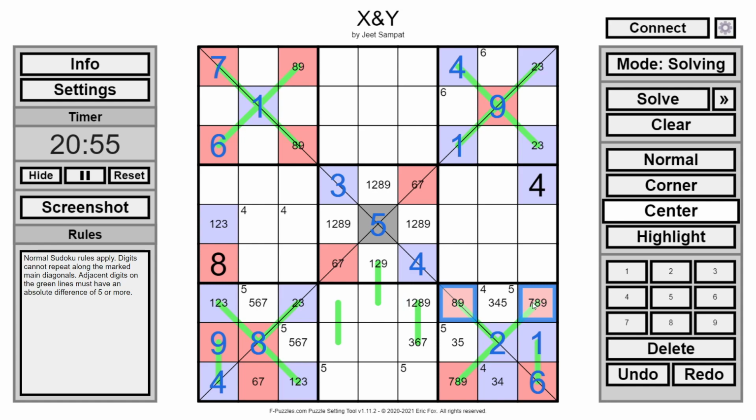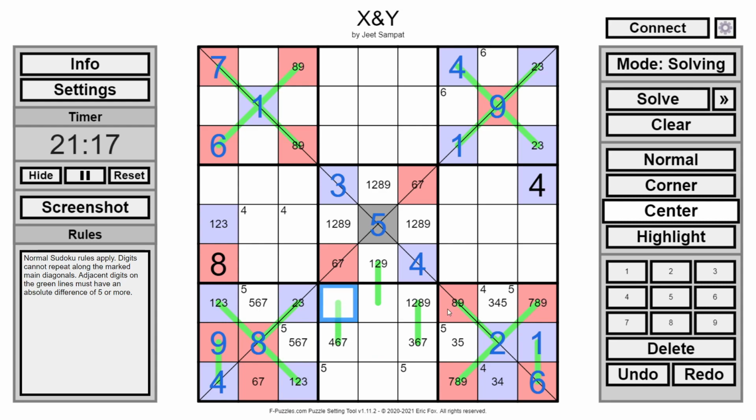Which is more than a little interesting. So let's look here. If this is a low digit, it must be a 4 because we have 1, 2, 3 looking here. If this is a high digit, it must be a 6 or a 7. And again, it can't be a 5 because it's on the line.